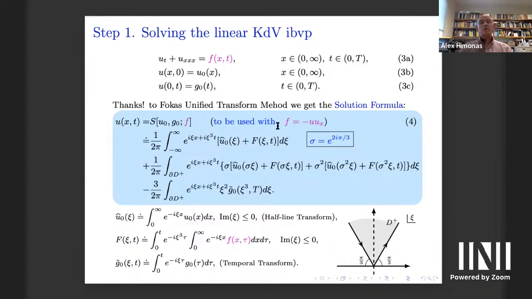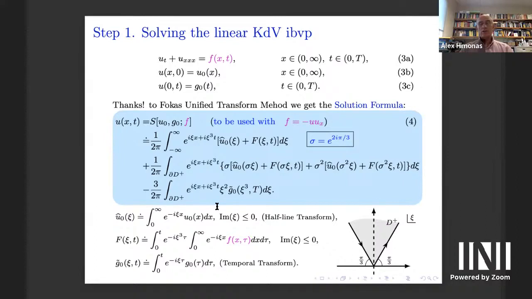So here is step 1, which is the solution of the linear KdV IBVP, and this is the long formula. If it were the initial value problem, we would have u0 and f, and we would have only the first line here. The other 2 lines wouldn't be here, because they are there because of the boundary data.